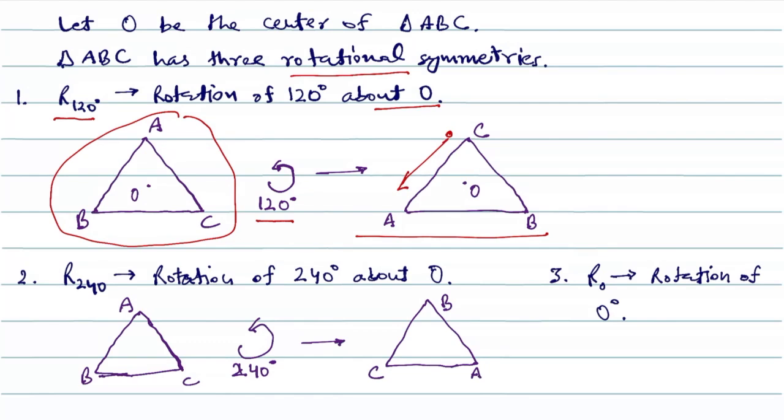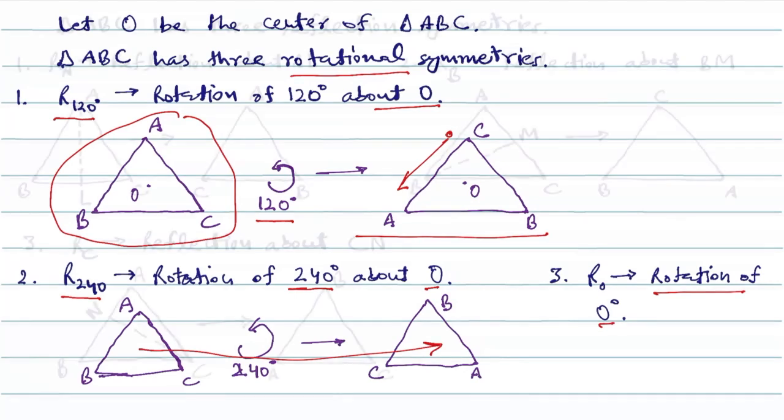The second symmetry is R240 and this is rotation of an angle 240 degree about the center. So ABC transforms to this triangle. And the third rotation is R0, that is rotation of 0 degree only. That means there is no rotation at all. So these are the three rotational symmetries of triangle ABC.